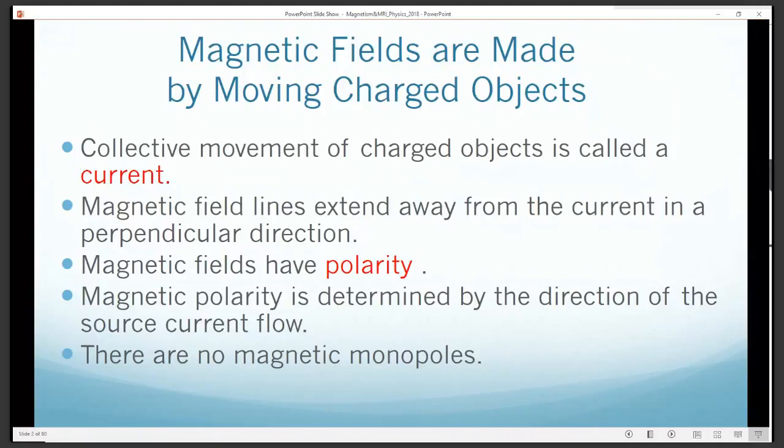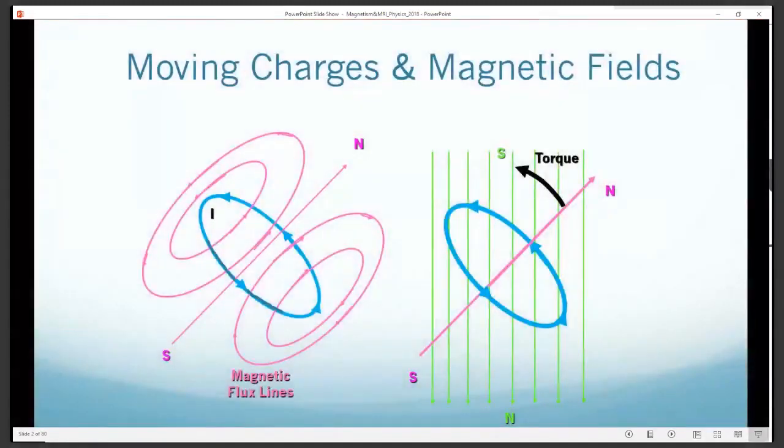Polarity is typically called north or south, and it's determined by the direction of the current flow. So if you change the current flow direction, you're going to change the polarity of the magnet. There is no such thing, as far as we know, as magnetic monopoles, such as the charges we see. You have to have moving charges to produce a magnetic field.